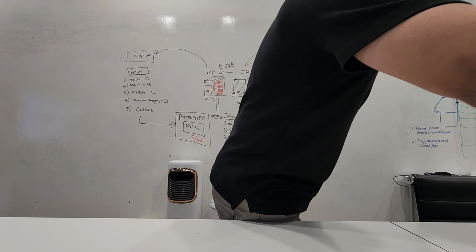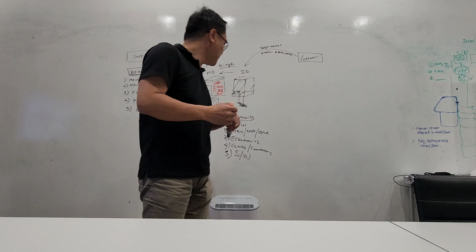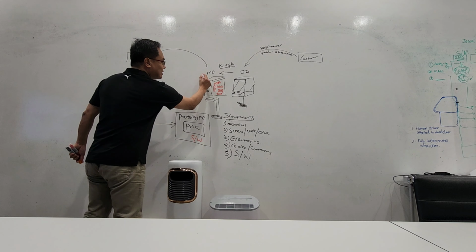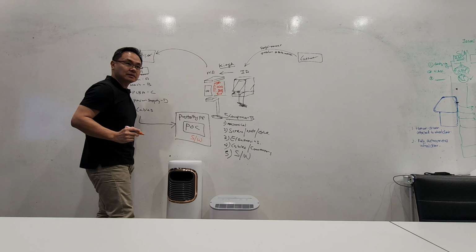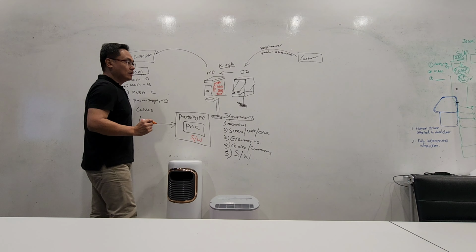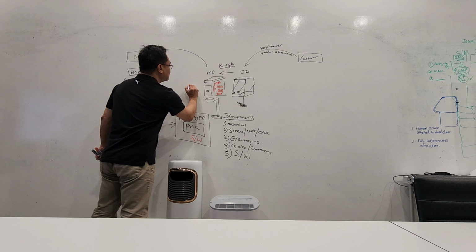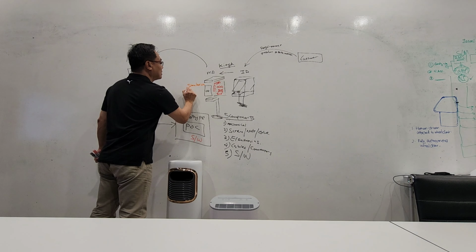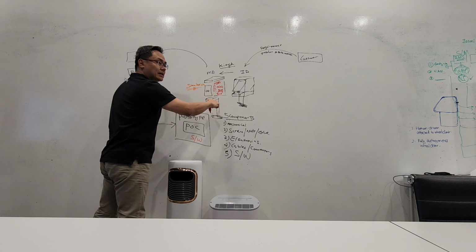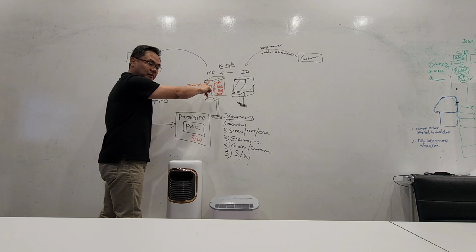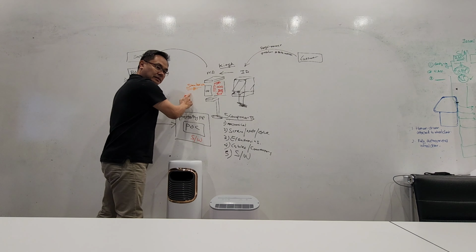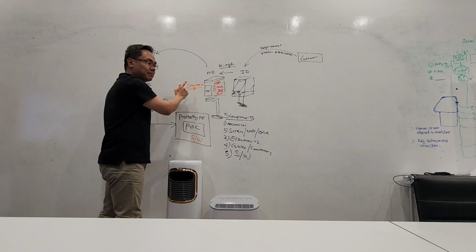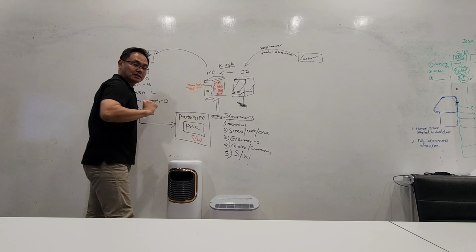Let me use another color. Okay, there's an orange color. Now, at this stage, one of the key processes I call simulation. As we draw out the entire BOM, it is very important for us to do some level of simulation.